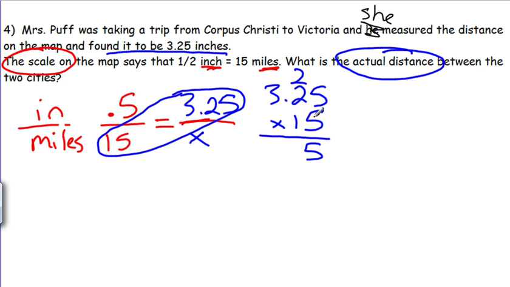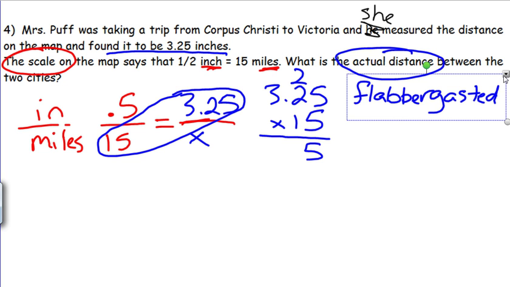Flabbergasted. Are there 2 B's in flabbergasted? I have no idea. Me neither. Kids probably don't even know what that means. Okay, we'll look that up at the end.